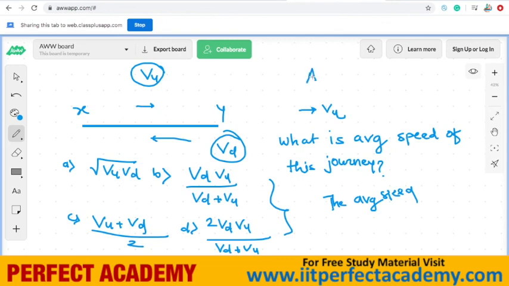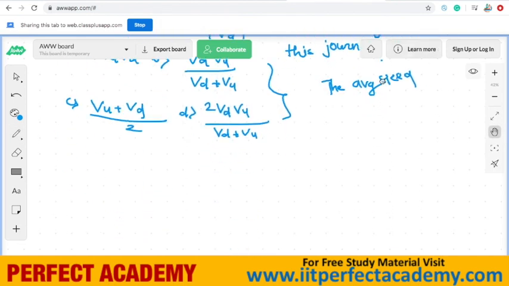See, how do we calculate average speed? Remember, average speed is nothing but total distance by total time.